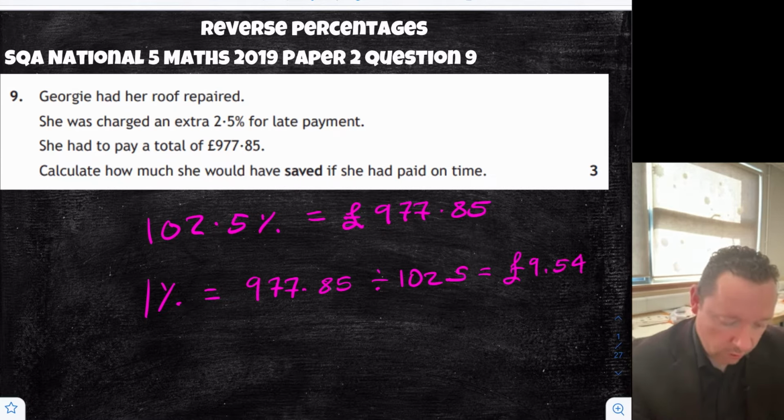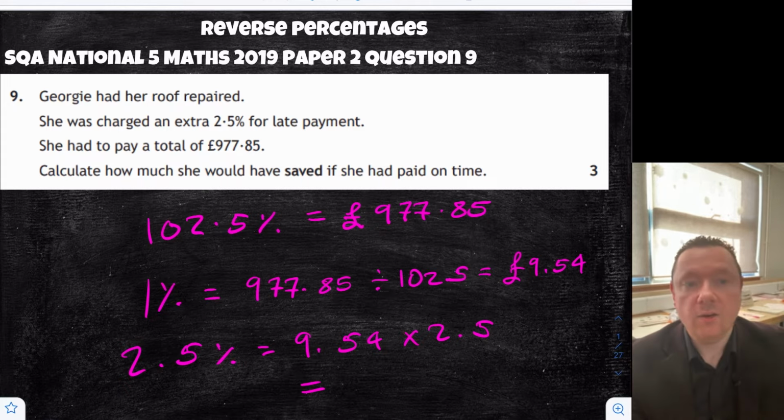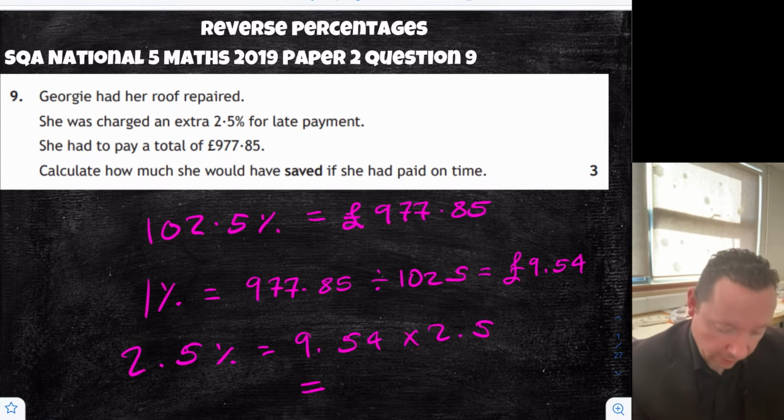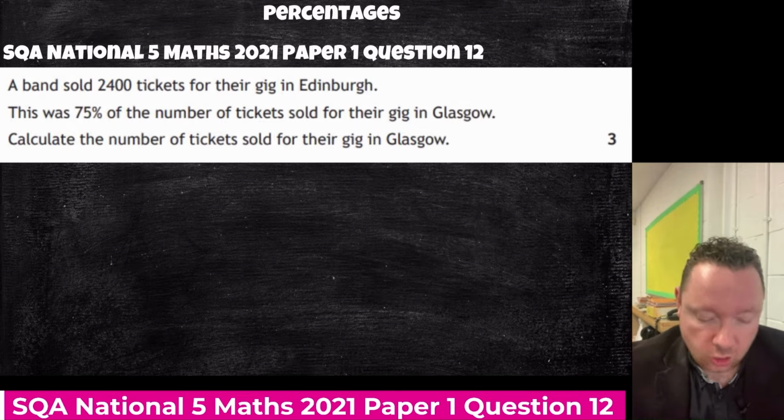And therefore, 2.5% is what she paid, so I do 9.54 times 2.5, and that gives me a final answer of £23.85. So she would have saved £23.85.